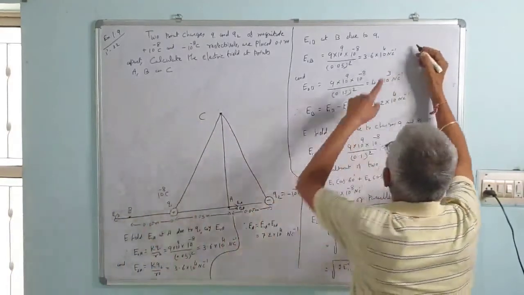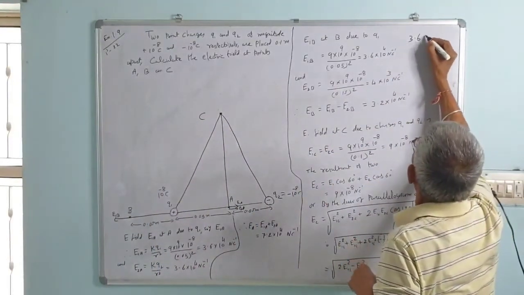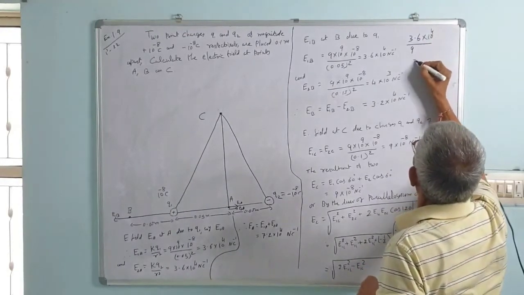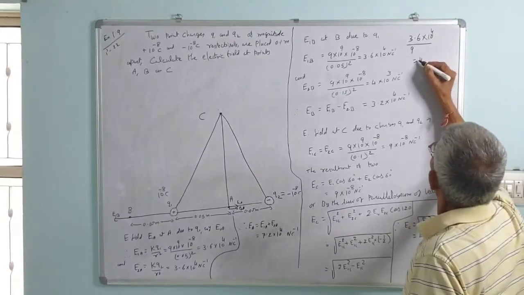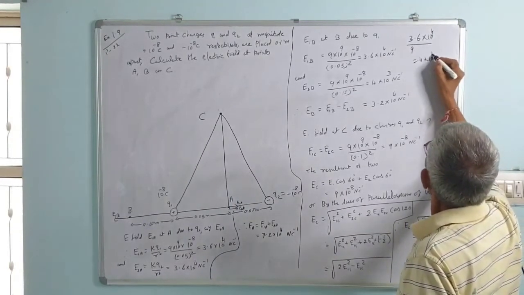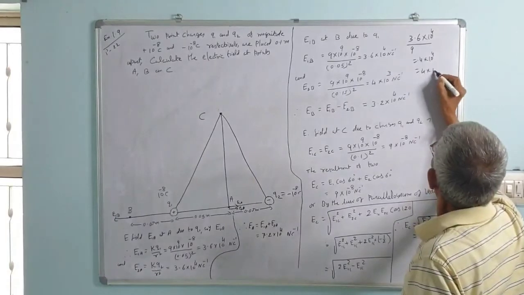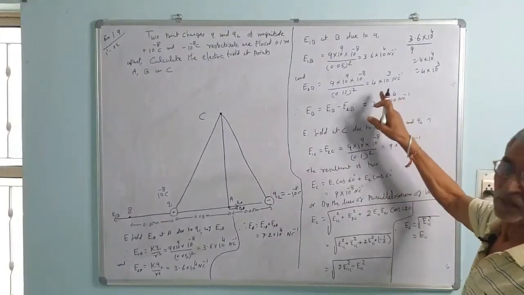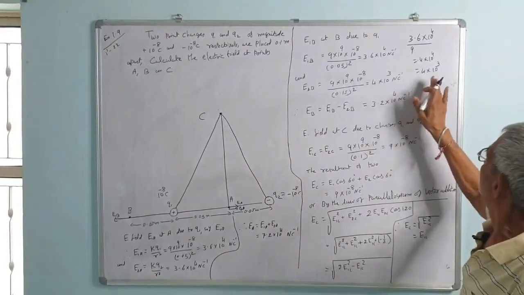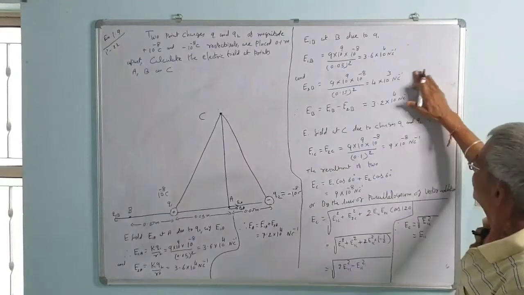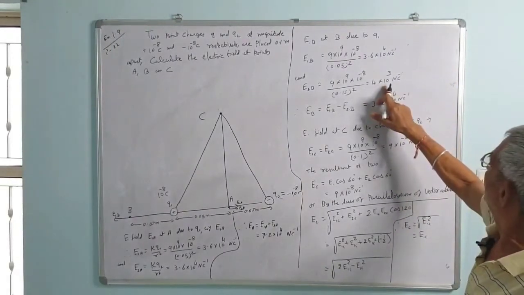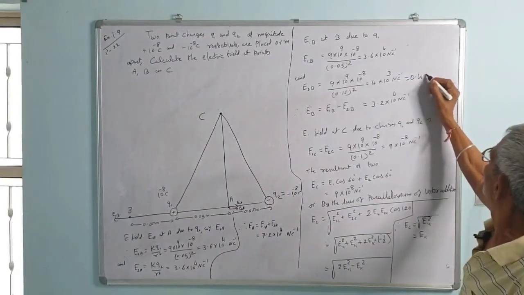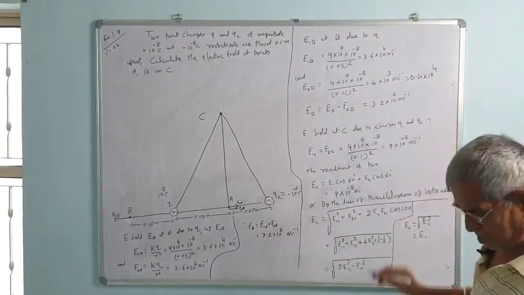So 1/9 of this: 3.6 multiplied by 10 raised to power 4 upon 9 comes to 0.4 times 10 raised to power 4. Can you write 4 times 10 raised to power 3? Correct? So it is 4 times 10 to the power 3, or you can write 0.4 times 10 raised to power 4.